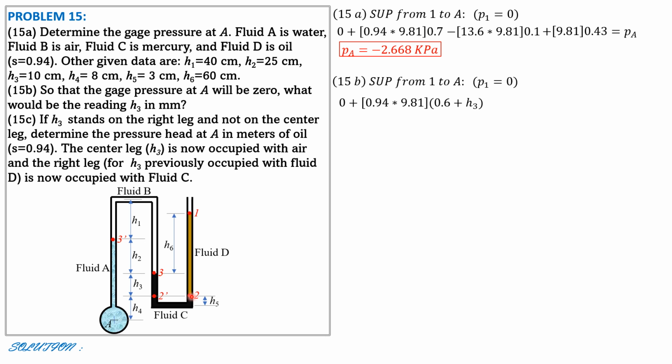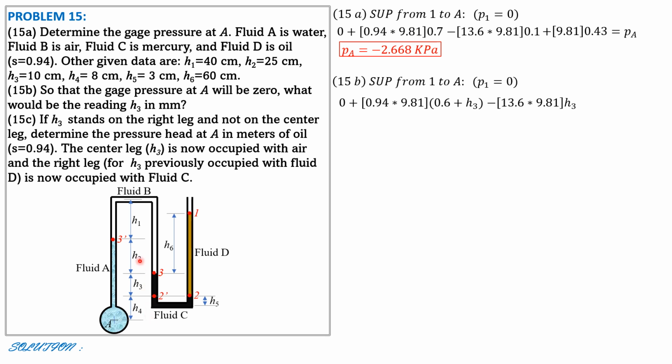So that's the pressure up to 2. Then 2 to 2 prime, the equation is unchanged. 2 prime to 3, this is mercury, so minus 13.6 times 9.81 times H3 in meter. Then 3 to 3 prime, the equation is unchanged. Then from 3 prime go down to A, so plus 9.81 times H2 plus H3 plus H4.